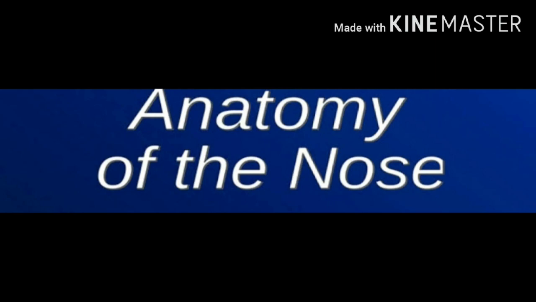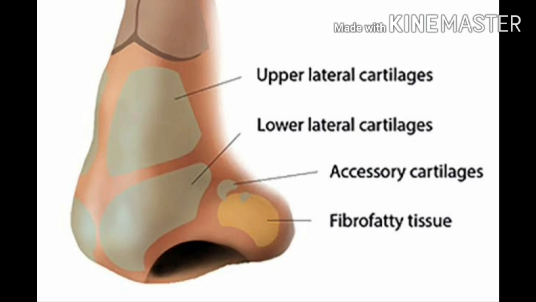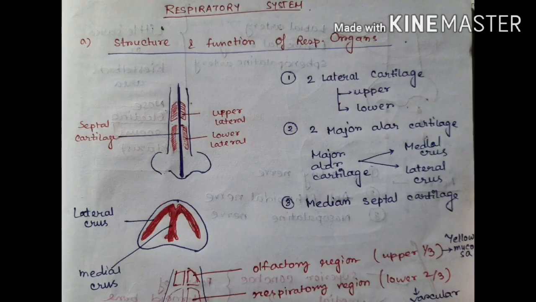Now I will discuss the anatomy of the nose. The external nose is made up of a cartilage framework which is supported by bones and covered on the outside with a skin layer. Now we are going to discuss the 5 major cartilages of the external nose.